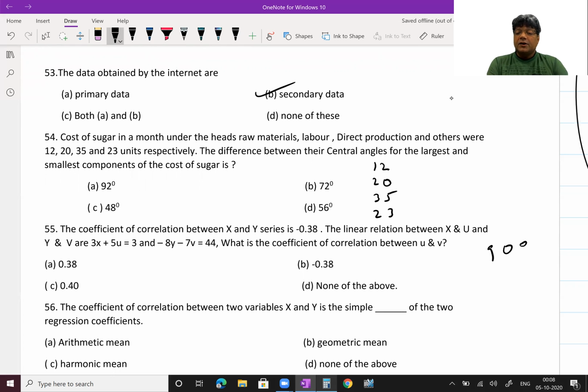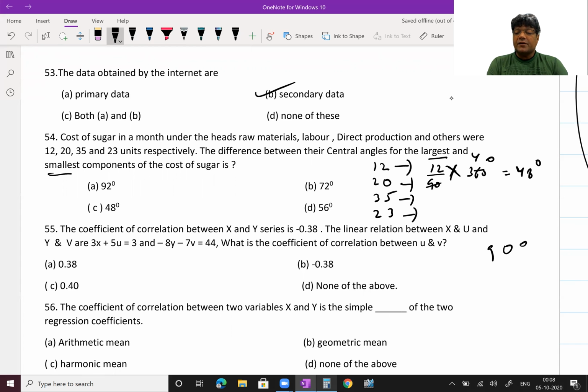So 90 degree corresponds to 360. The smallest value is 12. If I convert it to central angle, it will be 12 by 90 into 360 degree, like we do in a pie chart, which gives 48 degree. Similarly we could do all, but I need only two values, smallest and largest.